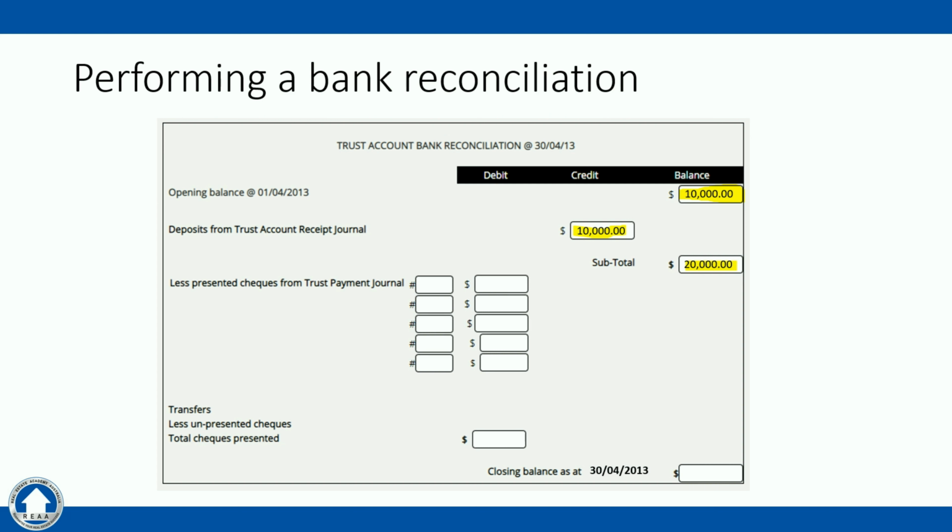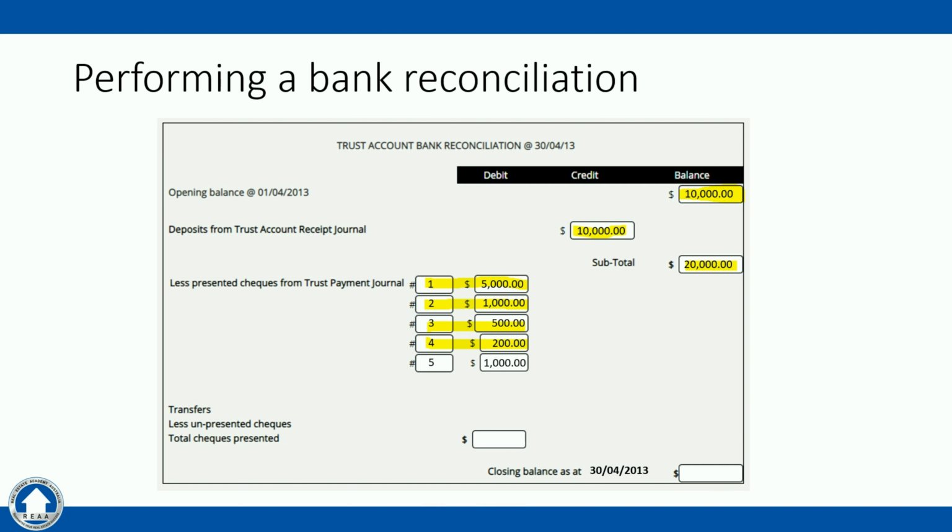We then need to have a look at how much money we have actually paid out of the trust account. So we will enter in our check numbers and the corresponding amounts. I'm going to just use basic numbering of 1 through to 5 for the checks. Check 1 was for $5,000. Check 2 was for $1,000. Check 3 was $500.